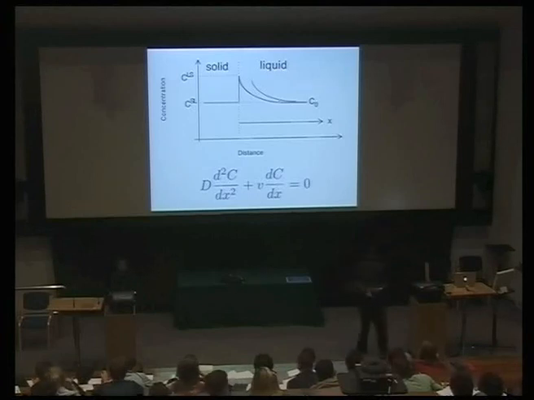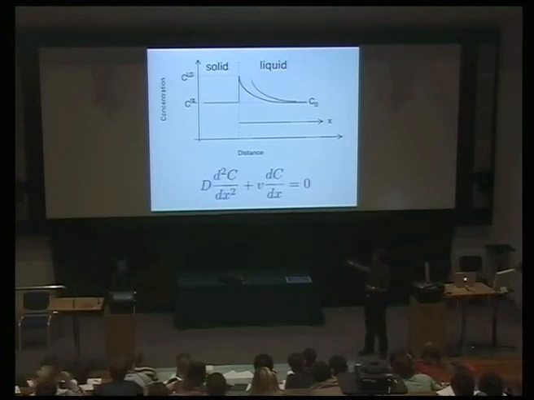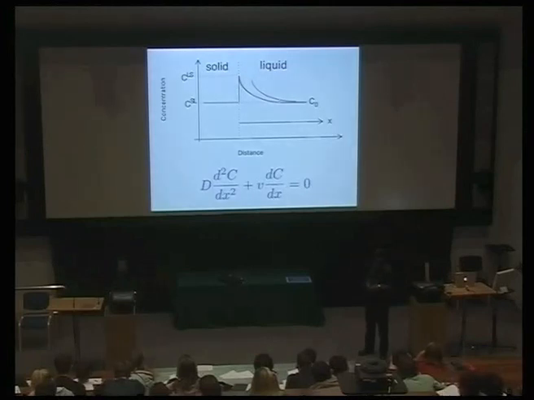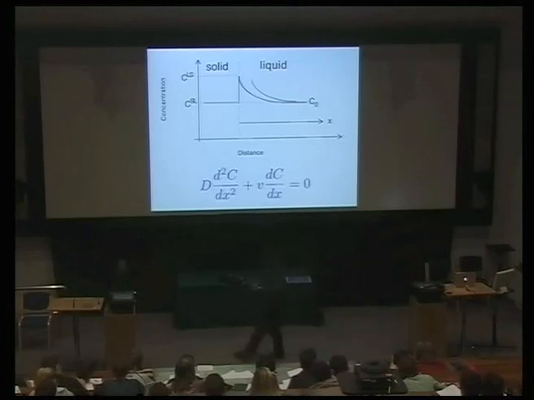And the second thing is that, of course, we have diffusion happening down this gradient. So that is given by Fick's second law, because this is not a constant gradient. Now, these two terms must be equal, since the shape of this profile is not changing as the interface moves. So just to repeat, there are two terms here which have to balance each other if the shape of the profile is to remain constant.